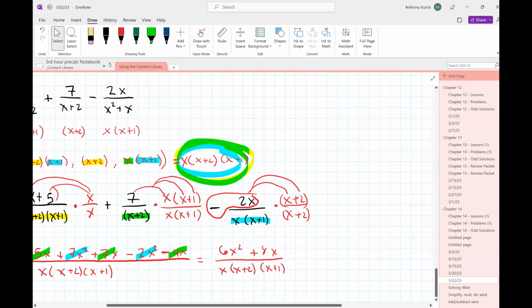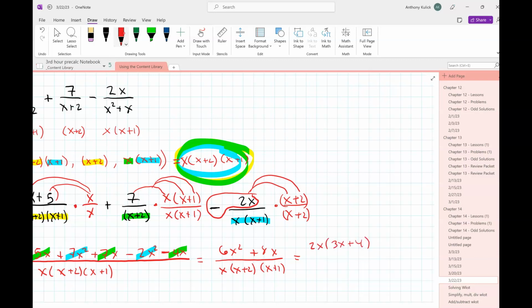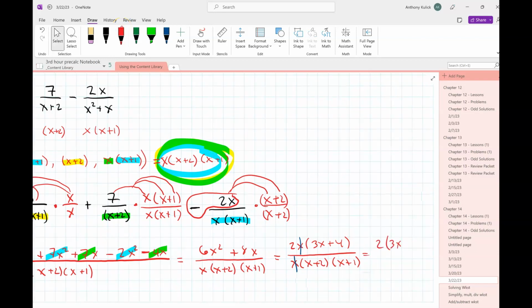And then we should check to see if we can reduce this now, right? What do we need to do to reduce this? Excellent. And is there any reducing I can do here? Sure there is. The x's. Otherwise, we are good to go.